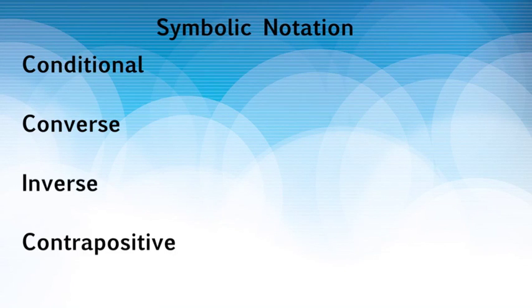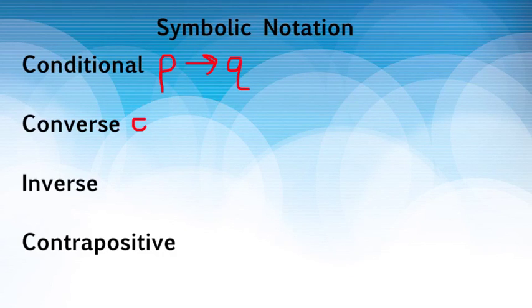So when we write the symbolic notation for the conditional statement, again, all we're writing is P, then Q. And again, that little arrow just represents then. So it's if the hypothesis, then the conclusion. So remember earlier we wrote the converse. The converse, again, we just switched around the hypothesis and conclusion.